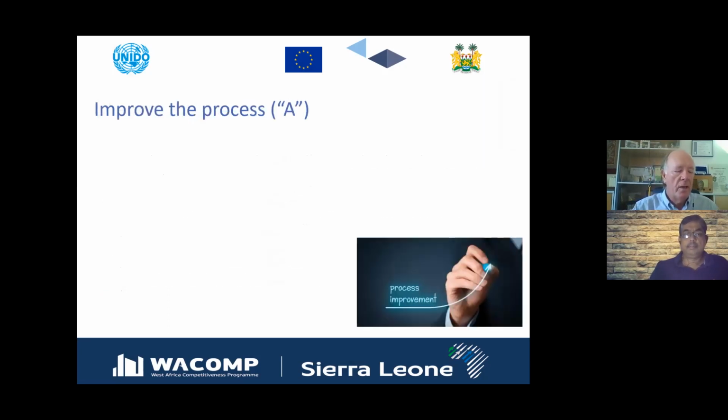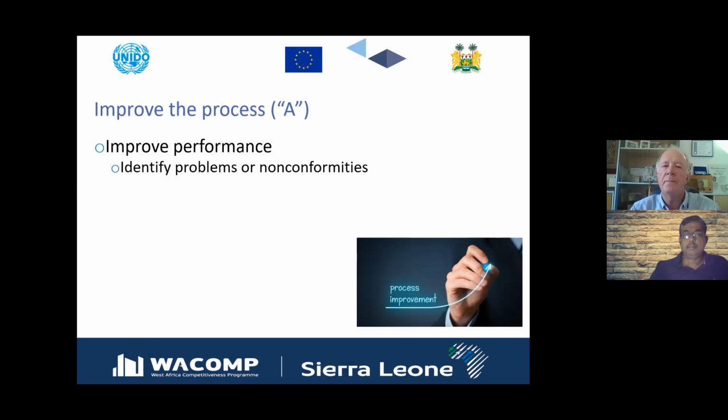And then finally, we are going to improve the process, which means improve performance by identifying any problems or non-conformities, correcting the problem. It may be by rework, by reworking the actual non-conforming product to bring it back into specification. Sometimes that's possible, sometimes it's not possible.